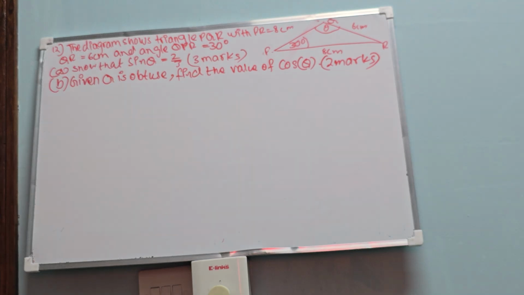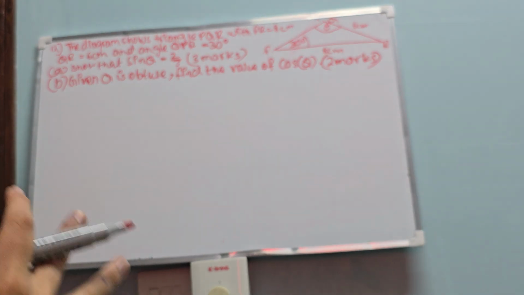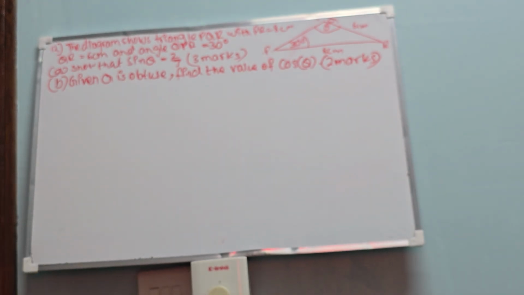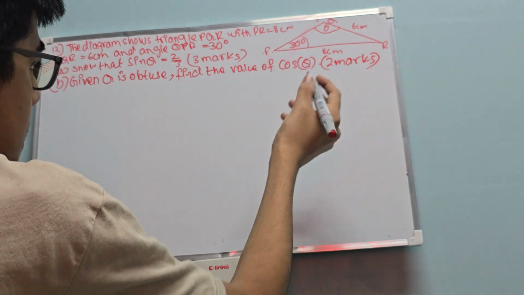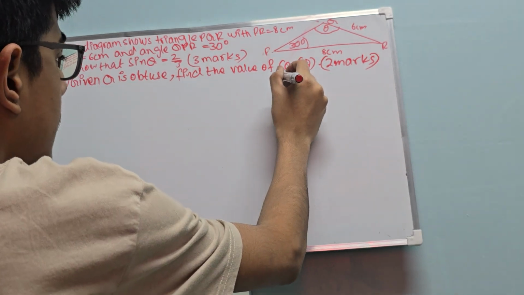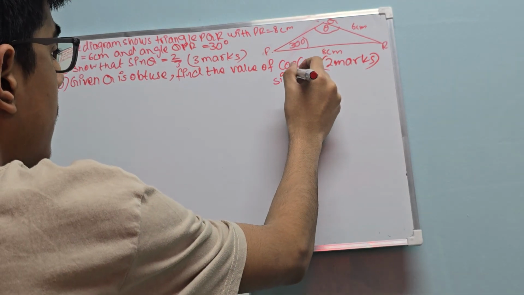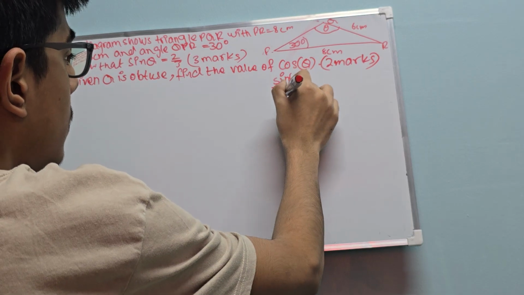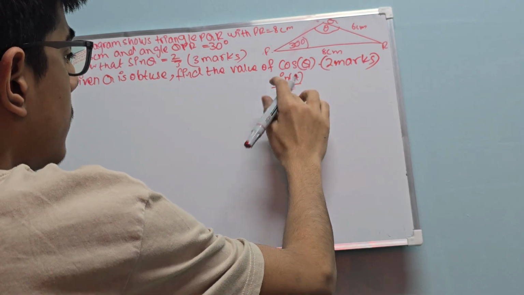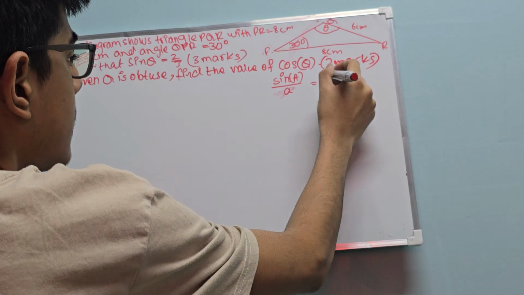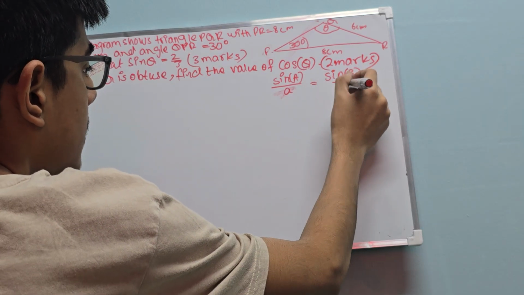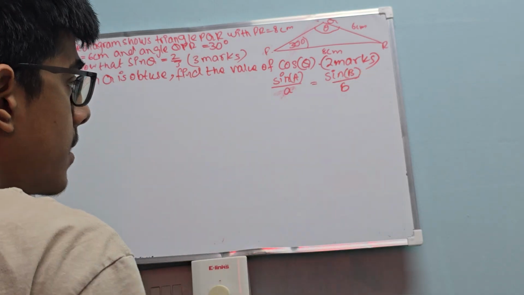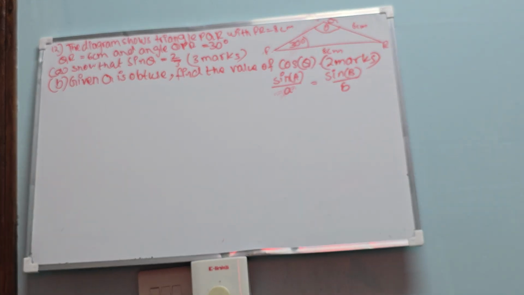Now one thing we can do is use the sine rule. What is the sine rule basically? The sine rule is sine of capital A over little a is equal to sine of capital B over lowercase b.